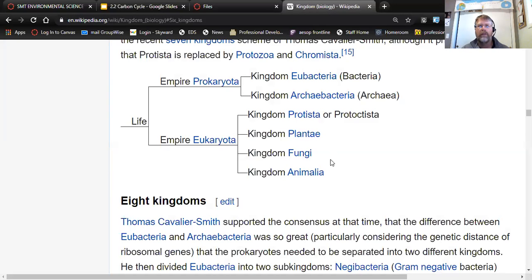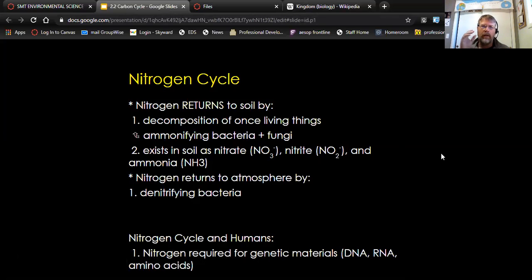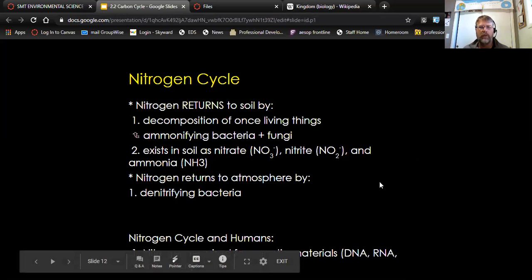So if we're coming over here, again, our plants and animals are doing their things, but this whole group of bacteria, stuff that normally we think of as making us sick, if it's in the soil, it's doing some great things for the soil and for the environment. Same thing with fungus. It might just be a mushroom or something, but it's still playing an important role in the atmosphere. So it's denitrifying, or pulling nitrogen out of the atmosphere, or returns it to the atmosphere, depending on which direction we're going.